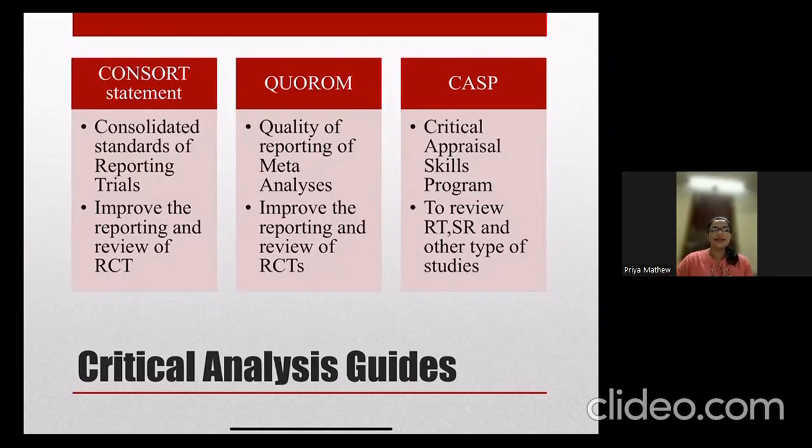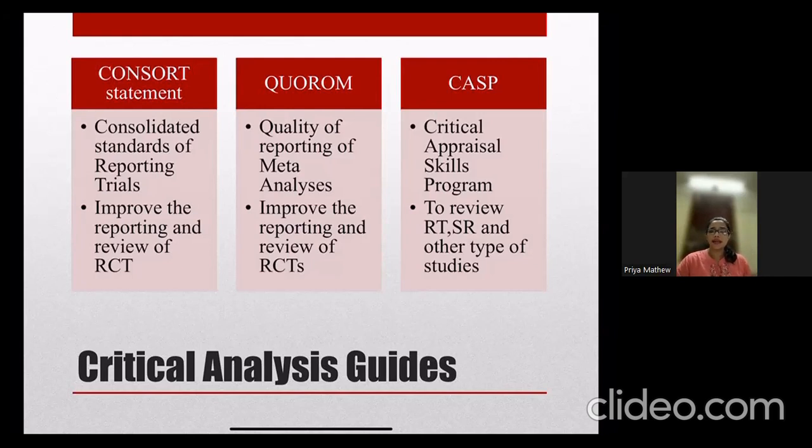CONSORT is Consolidated Standards of Reporting Trials. So that is the full form of CONSORT. Now, this actually helps to improve the reporting and review of randomized control studies. So when we are evaluating a randomized control study, these CONSORT statements are useful.